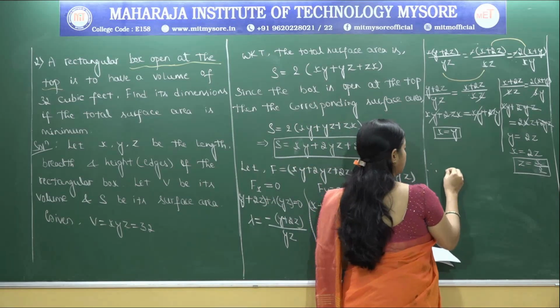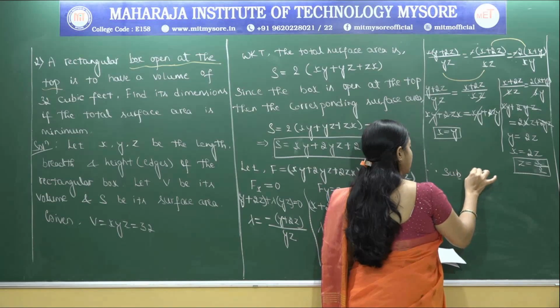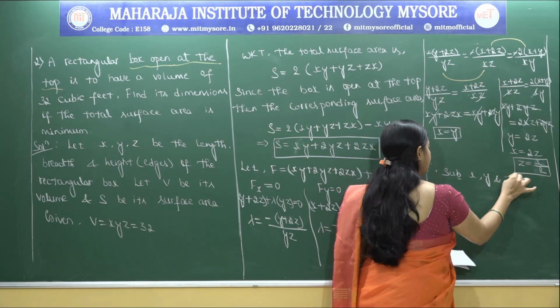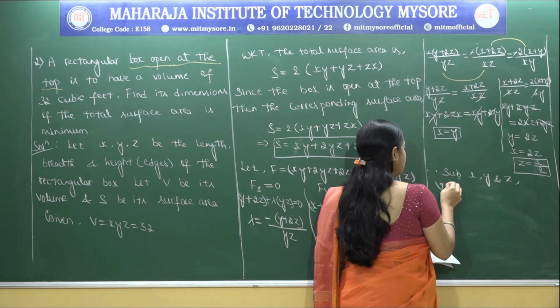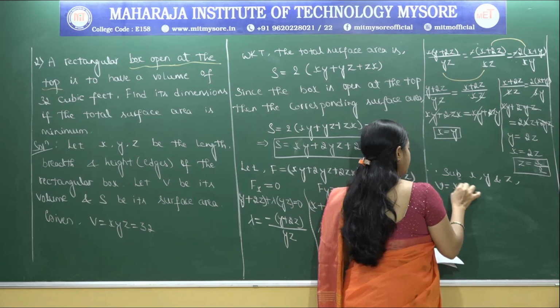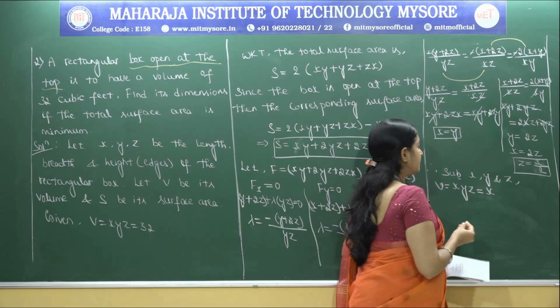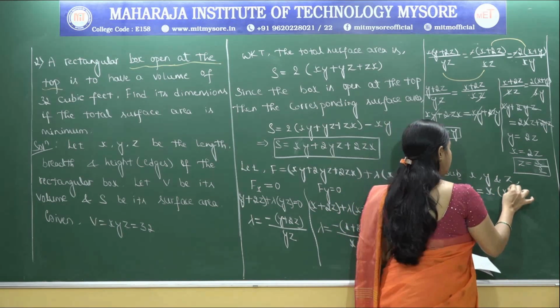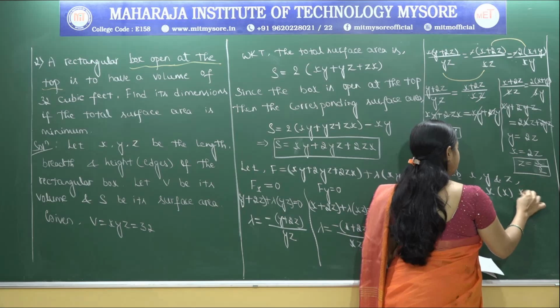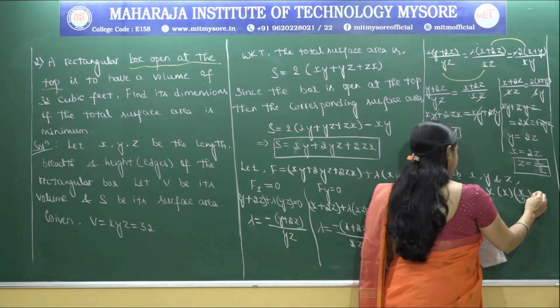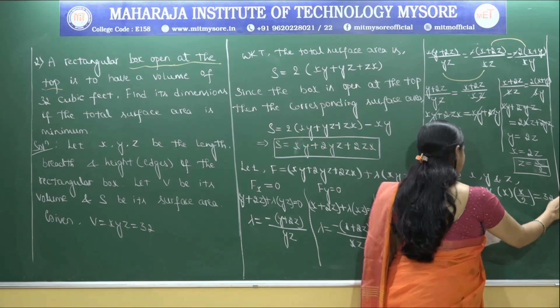Therefore, substitute x, y and z in the given condition, v equals xyz. X you retain as it is, y you replace by x, z is x divided by 2. They gave this as 32.